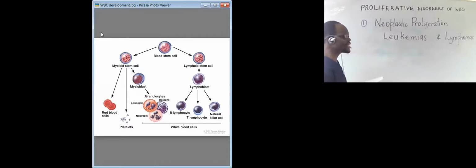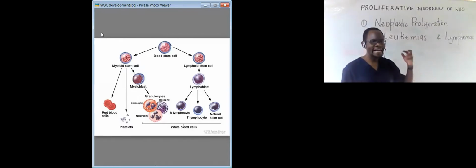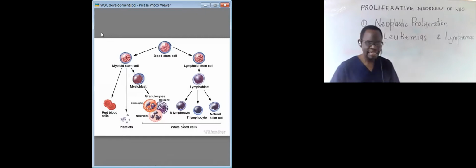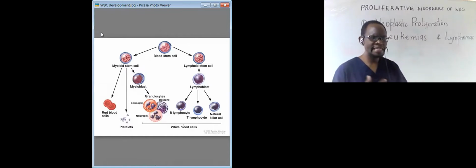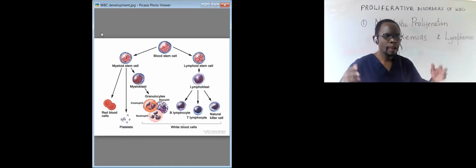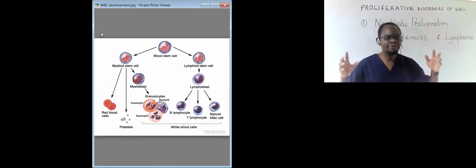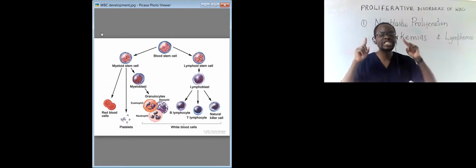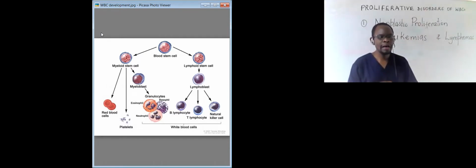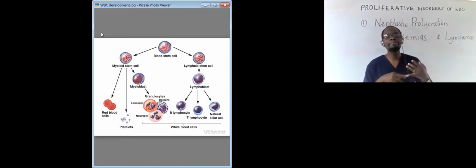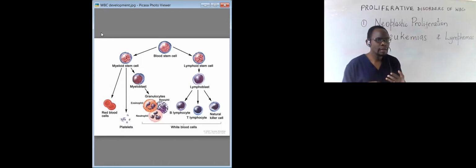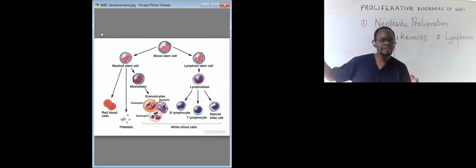Now it is very important for you to understand that diagram, ladies and gentlemen. Just to explain it a little bit, all cells start from what we call the blood stem cell, as you can see there. Then it divides into the myeloid stem cell, and it also divides into the lymphoid stem cell.